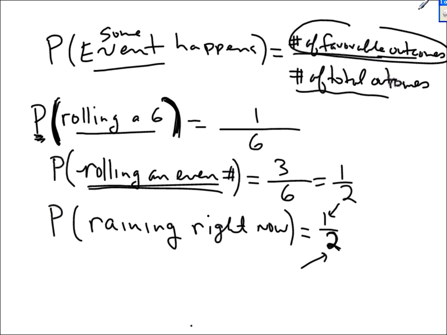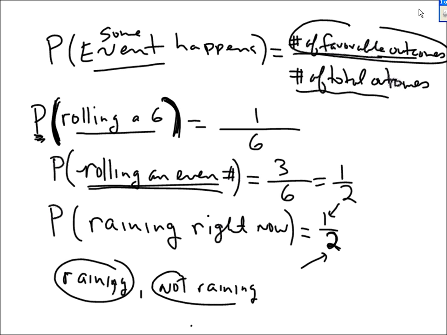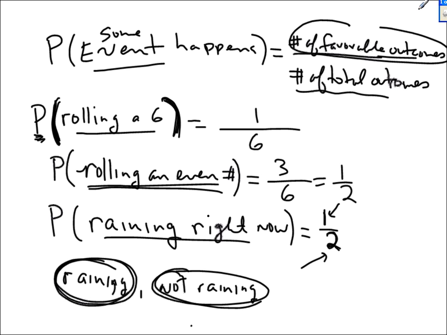The numerator is the number of favorable outcomes. Well, I do agree there are 2 outcomes. Either it's raining right now, or it's not raining right now. So there are 2 outcomes. That's why there's a 2 in the bottom. But only one of them is favorable. Raining right now. That's this one. So someone may say, well, it's 1 out of 2.